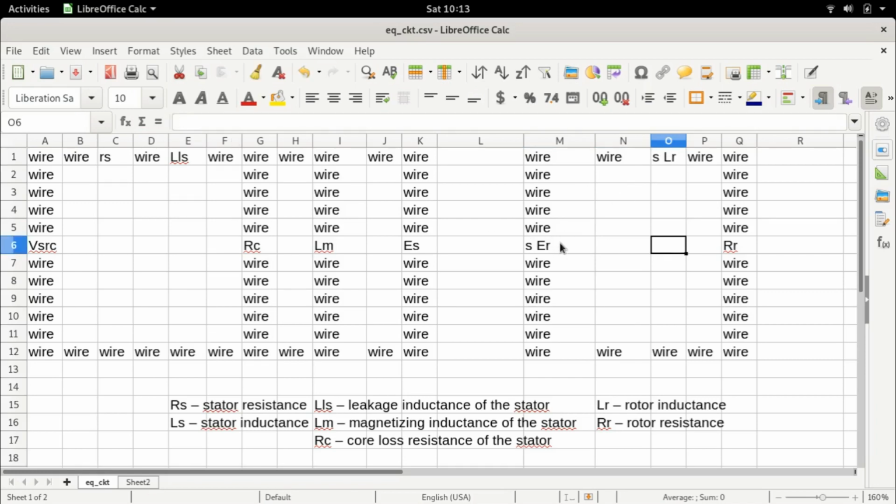So we are taking into account the fact that this induced EMF is at a frequency that is much lower than the stator flux. And number two, because of this difference between the frequency of the stator flux, or the synchronous speed, and the rotor speed, the induced EMF is going to have a much smaller magnitude, besides even having a lower frequency, as opposed to the stator.